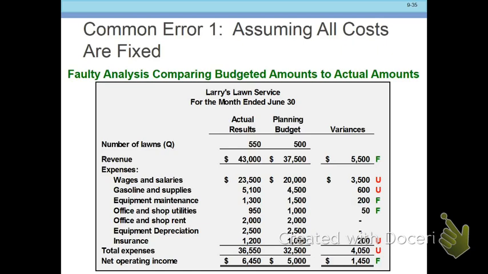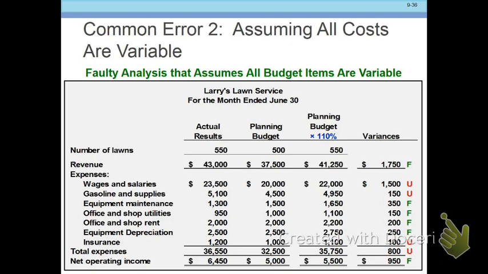My point here is to realize that most costs, in fact, are mixed costs, and you can have errors if you're assuming all costs are fixed or all costs are going to be variable. It does depend upon how you want to look at things. Just realize that assuming all costs are fixed or all costs are variable without looking at individual costs will lead to faulty decisions.